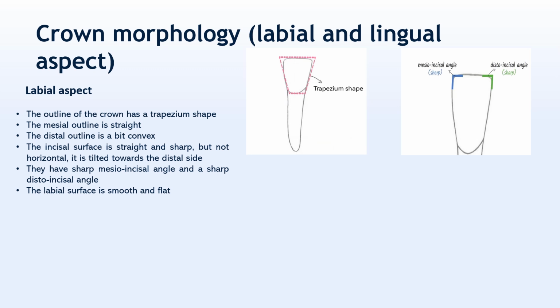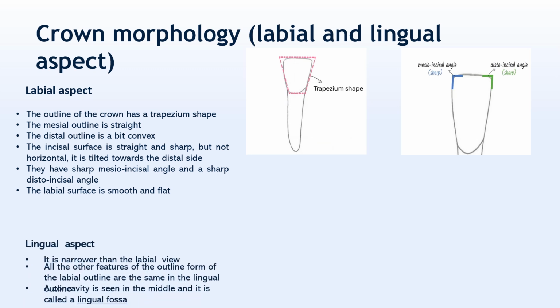It is tilted toward the distal side of the tooth, and later I will discuss why it tilts. They have a sharp mesio-incisal angle and also a sharp disto-incisal angle. The labial surface is very smooth and flat.